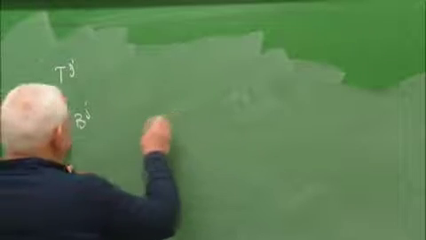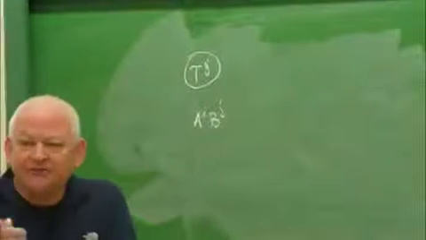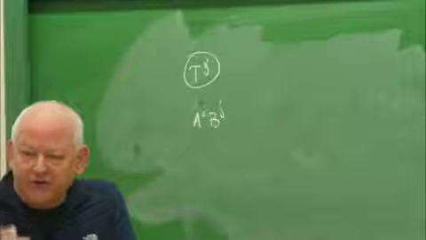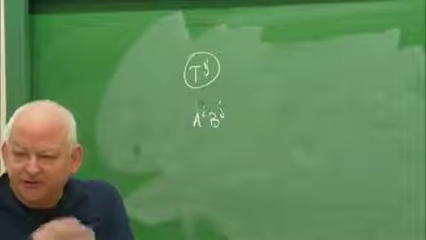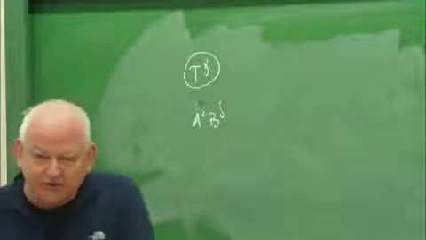You can change the position of the index. In other words, you can construct a tensor of a different covariant rank and contravariant rank from a given tensor using the metric.